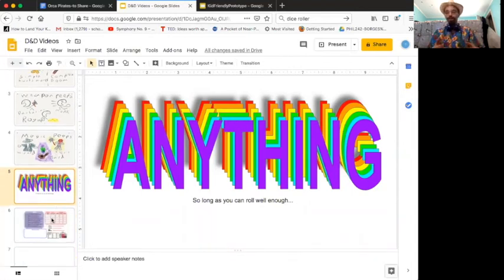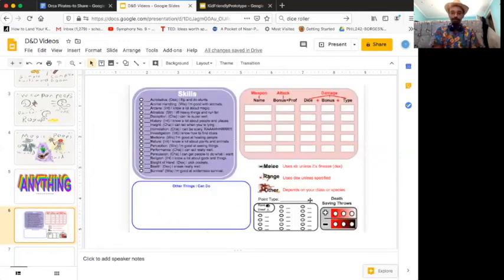Well, here we have a page from my custom-made character sheets where you can do attacks or you can do skills. But if something doesn't line up with one of those things, you have other options that you can get from your species or your class, different points you can draw on, or you can just ask your dungeon master, hey, what I really, really, really want to do is jump up onto the roof, sprint down that hallway, dive through the window, swing off the chandelier, and land in the birthday cake.